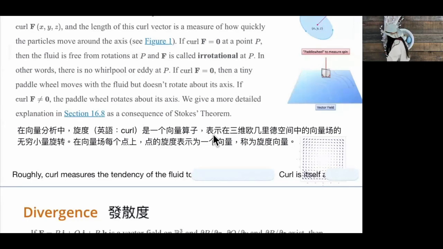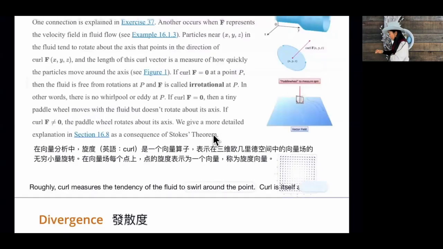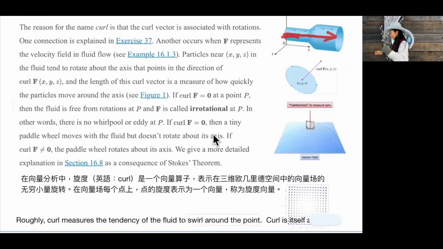Roughly speaking, the curl measures the tendency of the fluid to swirl around the point. So, for example, think about water flowing through this. At any given point over here, suppose this is a point in here, and the curl is pointing this way, and it measures the tendency of the water to swirl around this point.